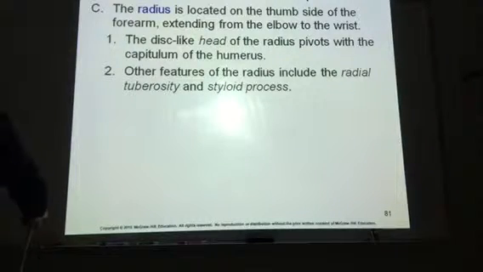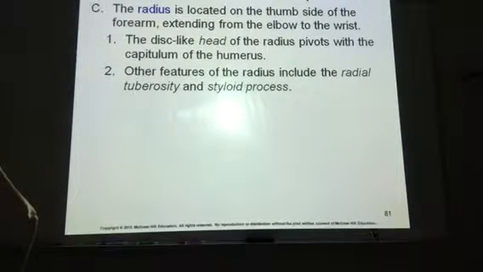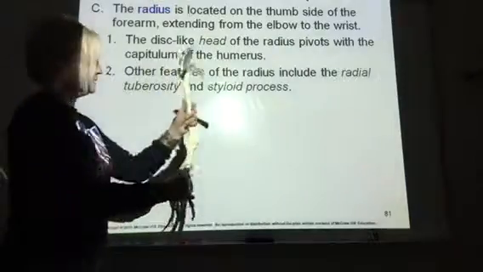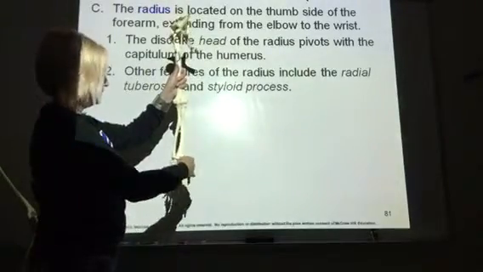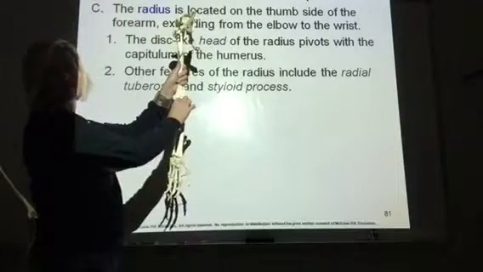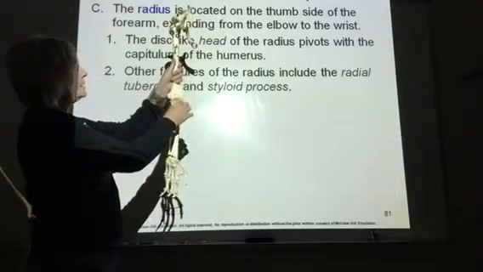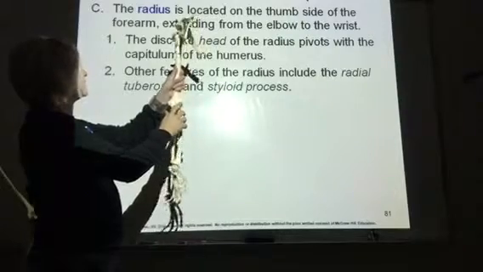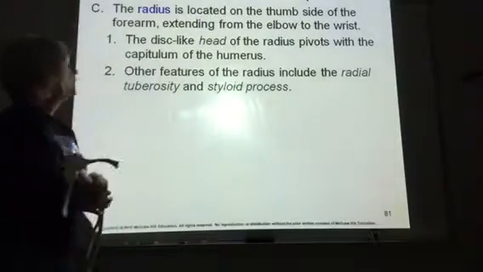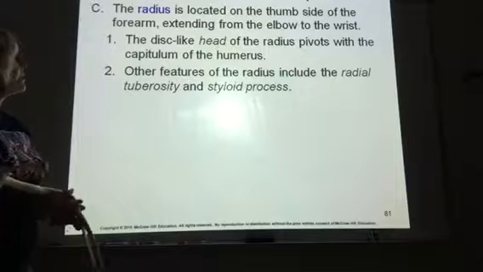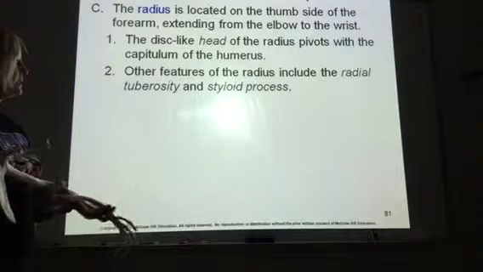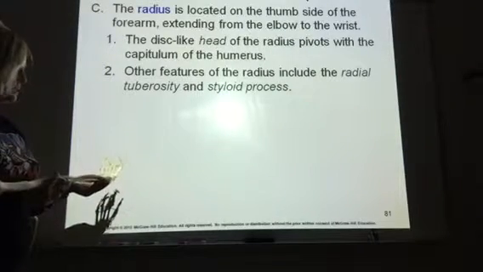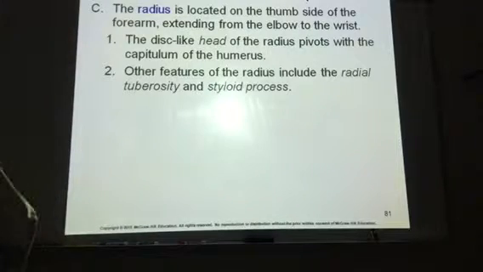The head of your radius is a little bit flatter at the top, but here it's going to move and pivot where it hooks with the capitulum. Other features, radial tuberosity and the styloid process, and I'll point those out on the diagram and also on your body.